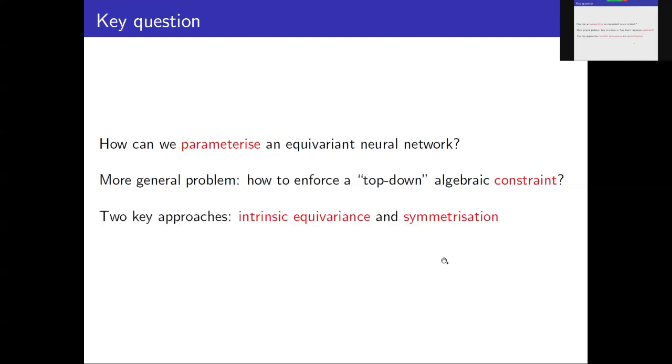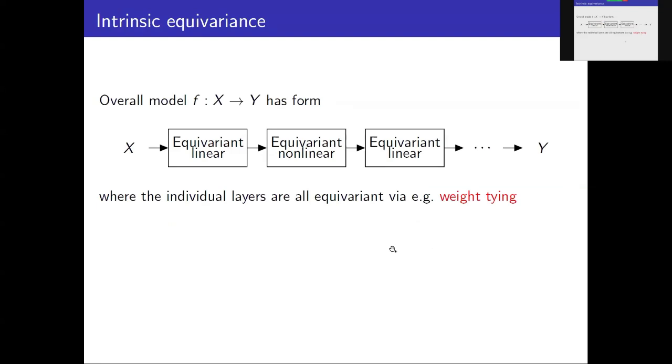There are two approaches you can use here, and I'm going to talk about these now. The first is what you might call intrinsic equivariance. This characterizes the majority of approaches to equivariance in the machine learning literature, at least. What you do here is define a set of primitive equivariant components that you use to make your model overall.